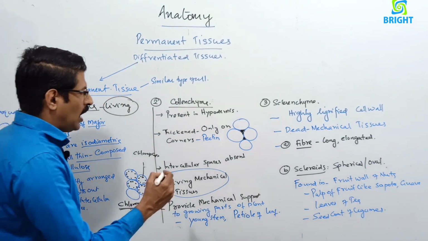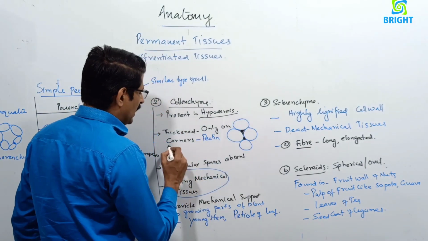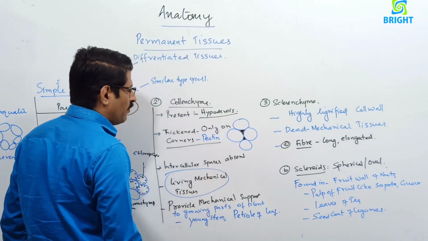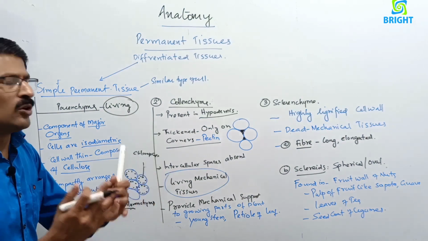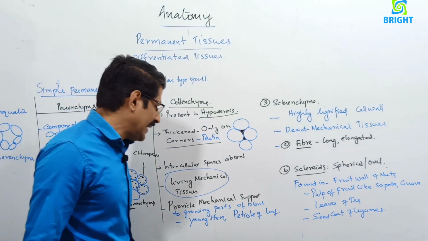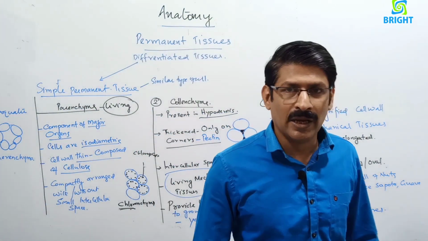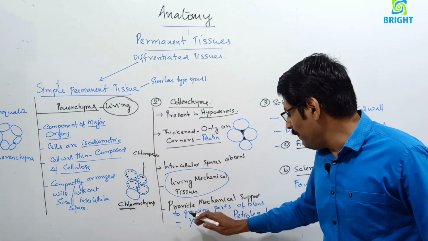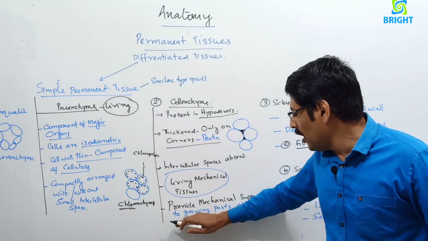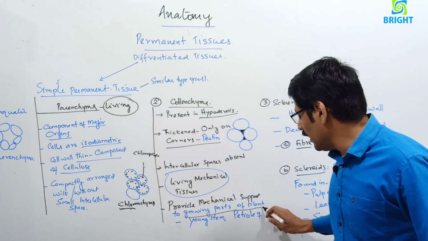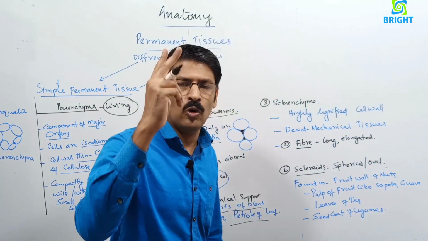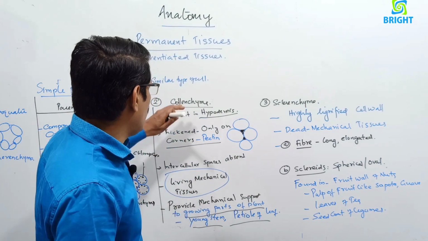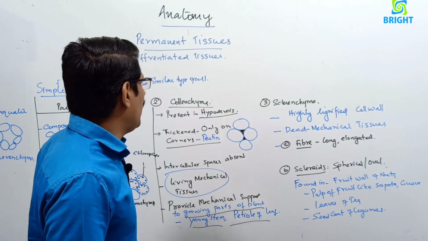It is present in the hypodermal region, and thickenings are present at the corners by pectin. Intercellular spaces are absent because cells are compactly arranged. These are living mechanical tissue and provide mechanical support to growing parts like young stem, petiole, etc. So two tissues, one is collenchyma and another is parenchyma.